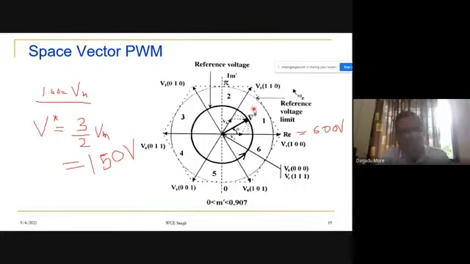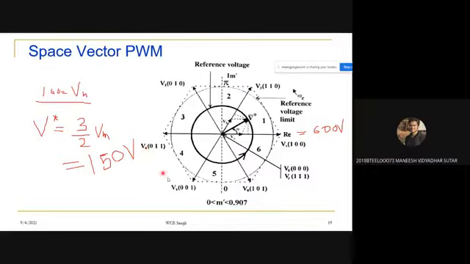For getting the V star output, we have to use 4 switching states of the inverter, and the states are V1, V2, V0, V7. If you are in sector 4, our space vector is continuously moving with respect to time. When it comes here, which states do we have to apply?